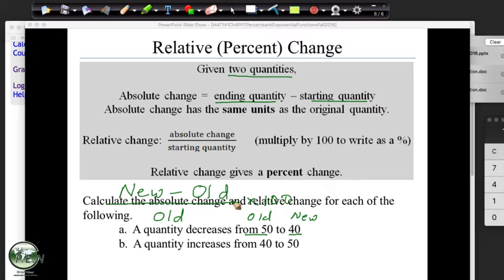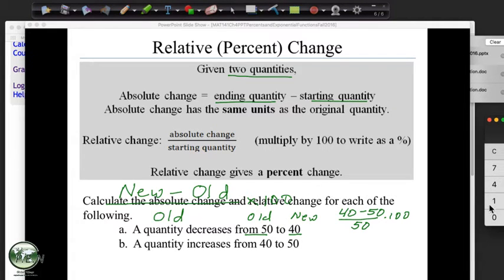And so what we do is we follow that formula. It's going to be 40 minus 50 divided by 50. Yep, right, old. And then we multiply by 100. The key part here when you're doing it on the calculator is you've got to follow order of operations.